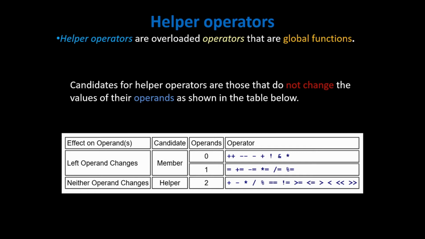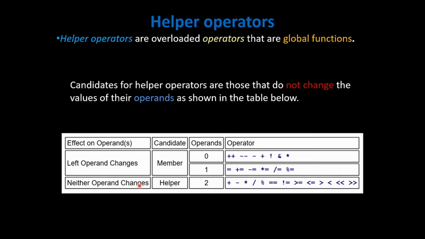So the first column here, let me get my laser. The first column here is left-hand operand changes. Okay, it's got either 0 or 1 operand, and these are the types of operators that it can have. And then your helper operators, neither operand changes.